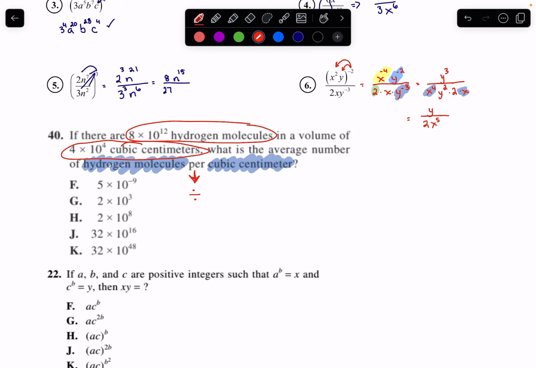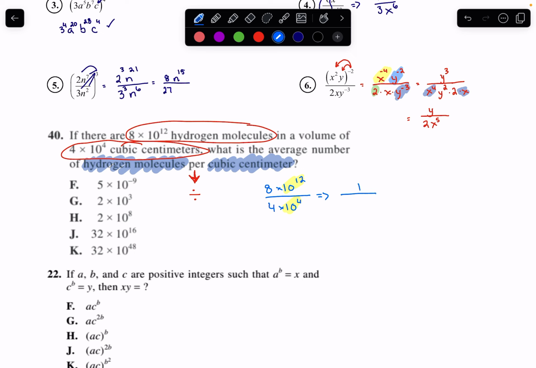So when I look at my problem, the hydrogen molecules go on top. So 8 times 10 to the 12th. On the bottom goes the cubic centimeters. So 4 times 10 to the 4th go on the bottom. Now I just clean up. If I look at my tens, I've got 10 to the 12th on top, 10 to the 4th on the bottom.